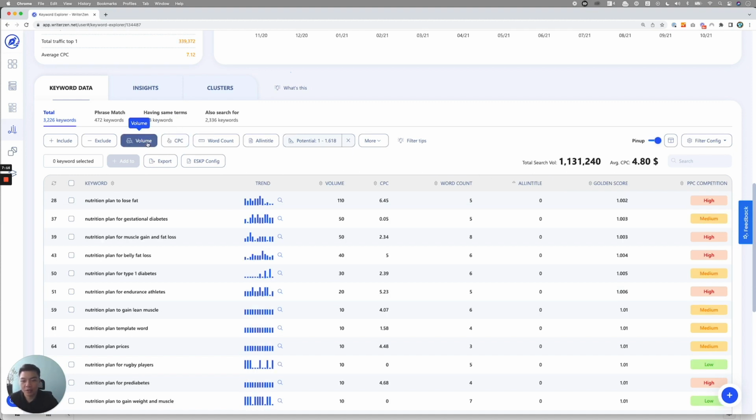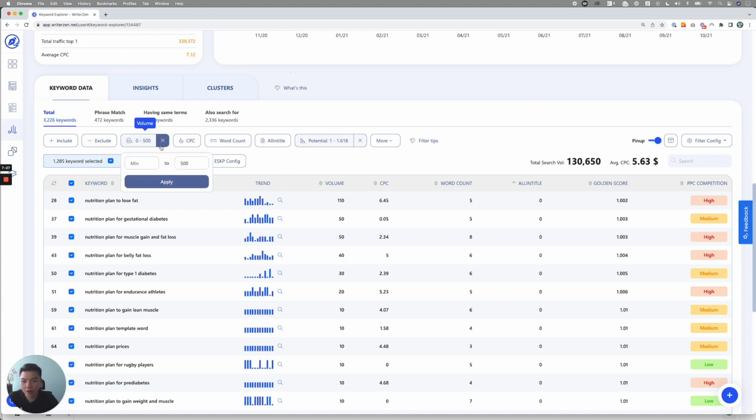Let's say I go in here and set volume maximum 500. Applied, and as you can see, maybe 500 is still quite high. Maybe I want it to be 200. Low search volume, low ON title, so maximum, let's say I want 10 only, click apply, and here it is.